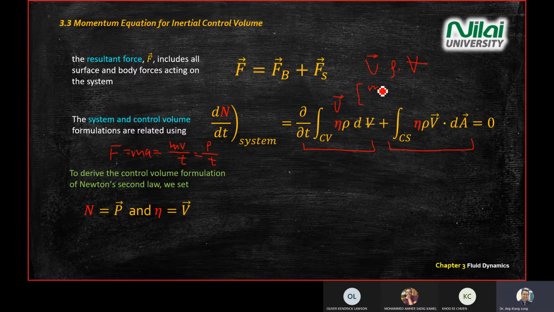Velocity is meter per second. Density is kilogram over meter cubed. Volume will be meter cubed.